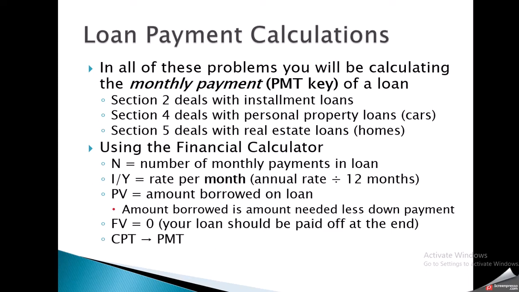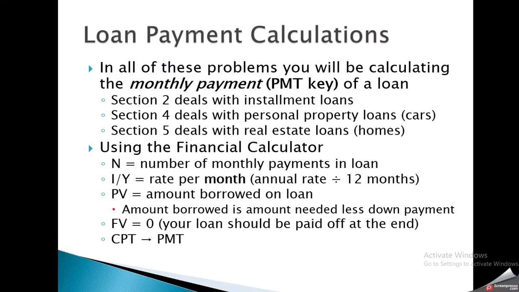So if you can just study and get it into your brain, the amount that I borrow on the loan today is my present value. The future value of my loan is 0. After I make 60 payments on my car loan, it should be all paid off. After I make 360 payments on my mortgage, the loan should be all paid off.